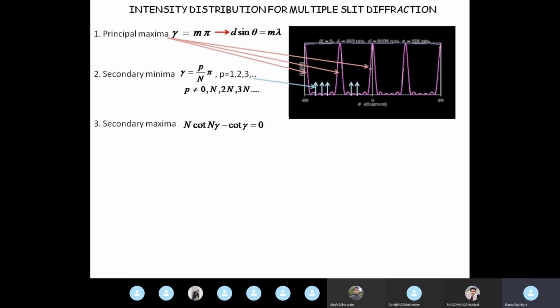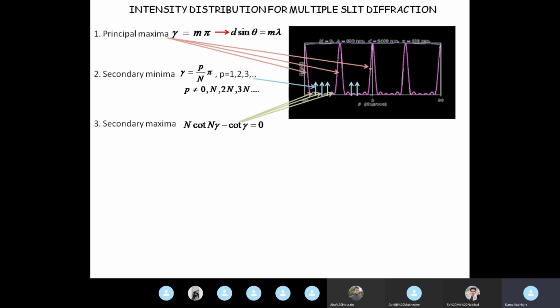These I have indicated by the arrows, the positions at which I becomes 0. Those are the positions of the secondary minima, and these very, very small peaks, very small compared to these high peaks of the principal maxima, are the secondary maxima satisfying the relation n cot n gamma minus cot gamma equal to 0.